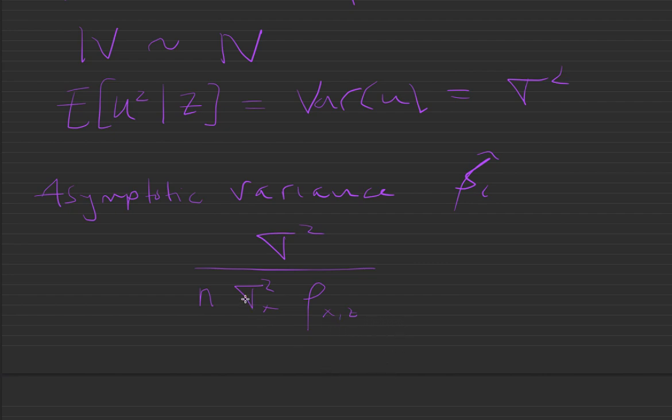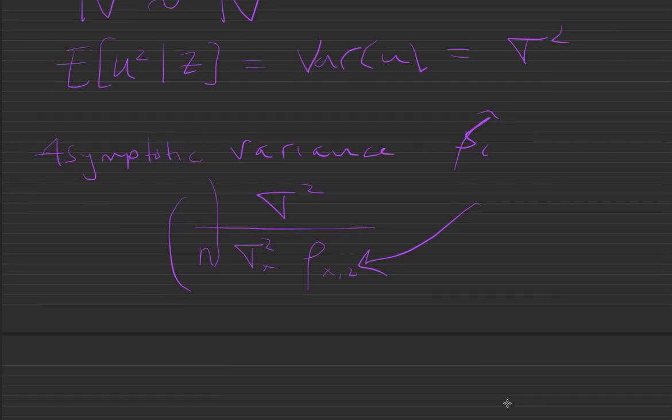And observe that this asymptotic variance decreases at a rate of 1 over n, and is lower the stronger is the correlation between x and z.